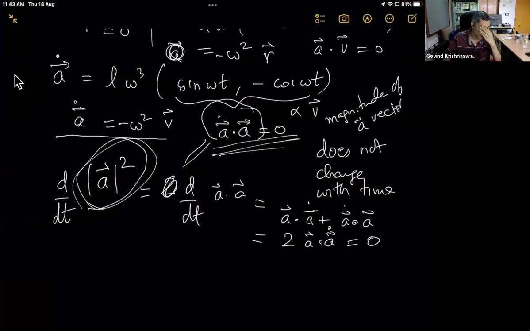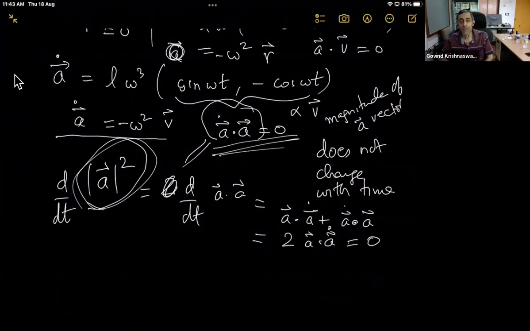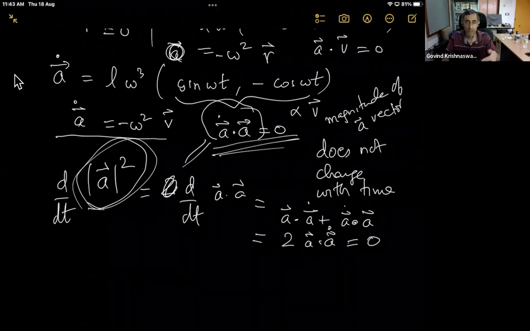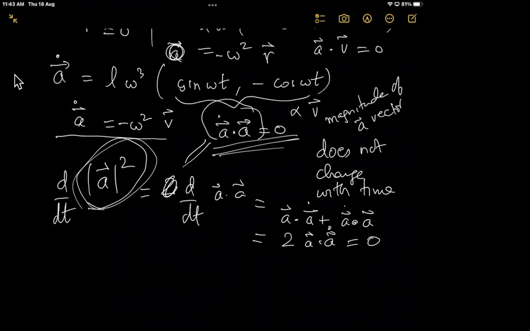Okay. So you are asking some cause-effect kind of question. You're asking me whether it would be correct to say that the jerk vector is causing the A vector to rotate in a circle. Yes, sir, precisely. Okay.